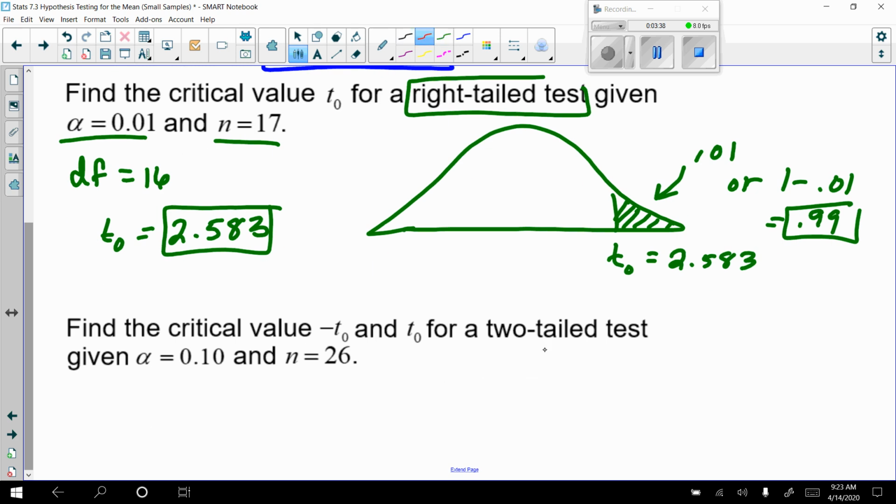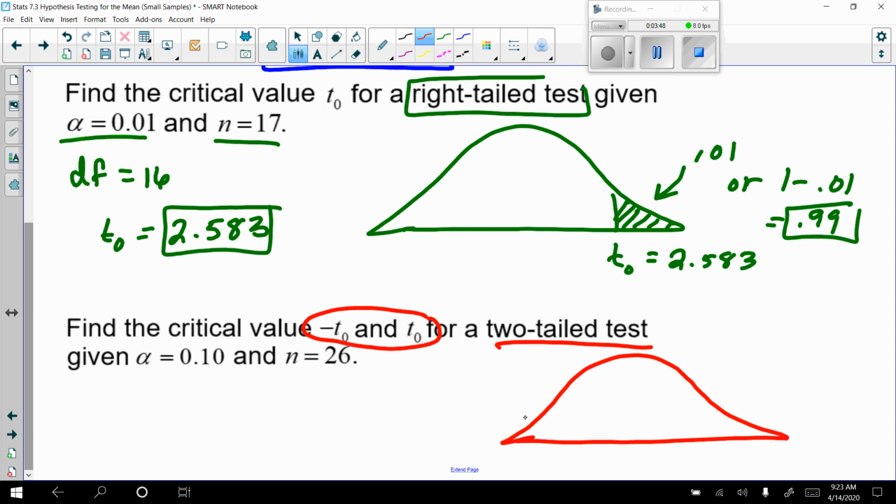And then finally, if we're doing a two-tailed test, we would have to find both negative t naught and positive t naught. So alpha is split between the right tail and the left tail, so this is 1/2 of alpha, and this is the other half of alpha, which is going to be 0.05.